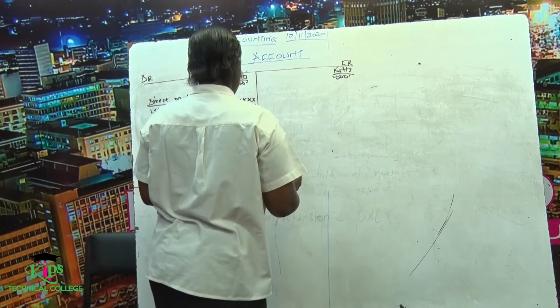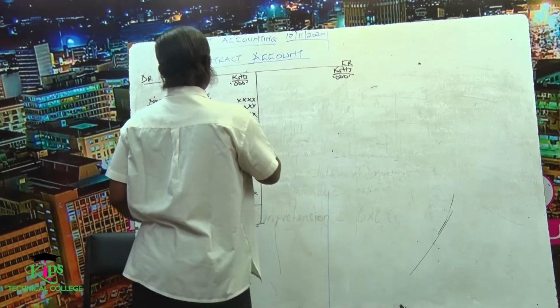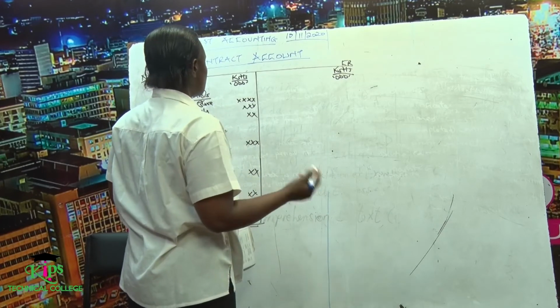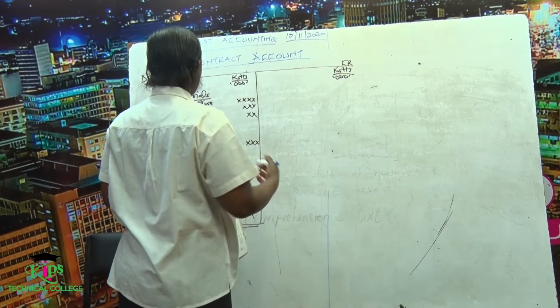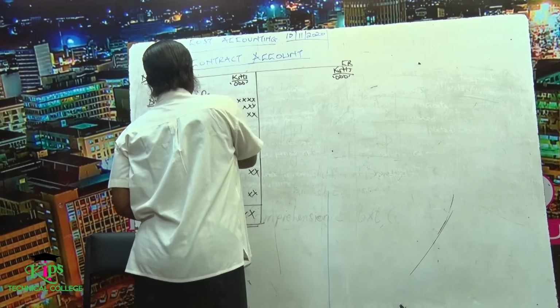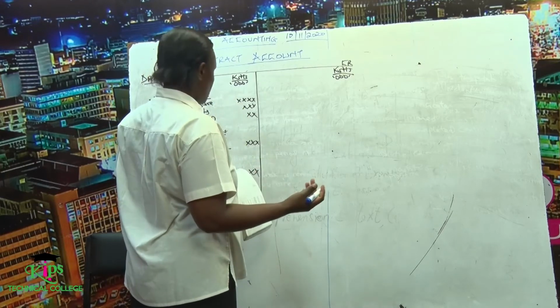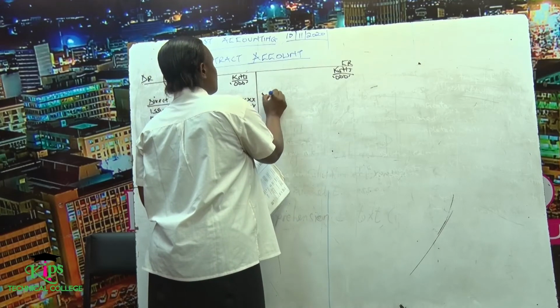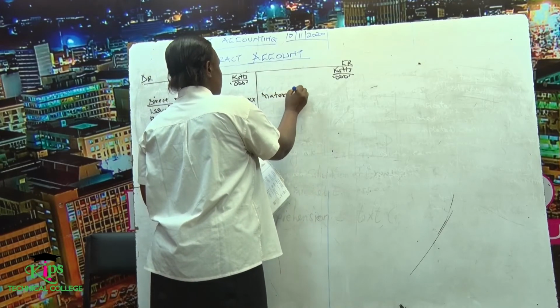On the credit side, we write the materials which have been returned. After giving out the material from the store, there are some materials which you can return to the store, or after purchasing locally, you can also return some goods. So the goods which have been returned are written on the credit side.